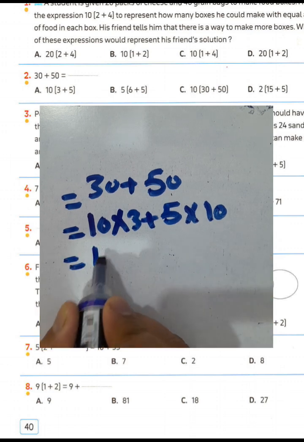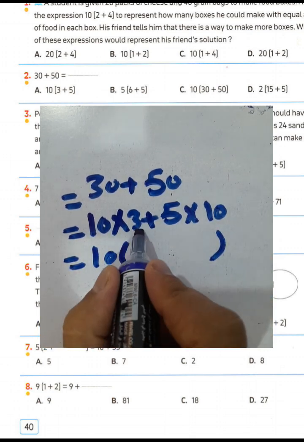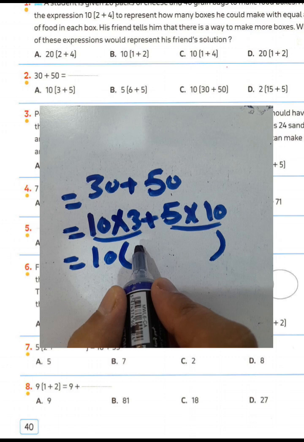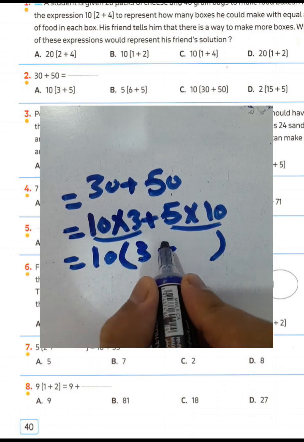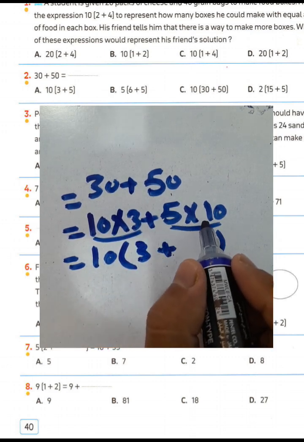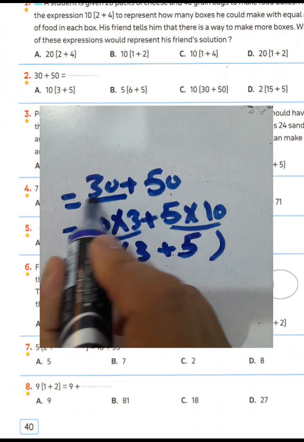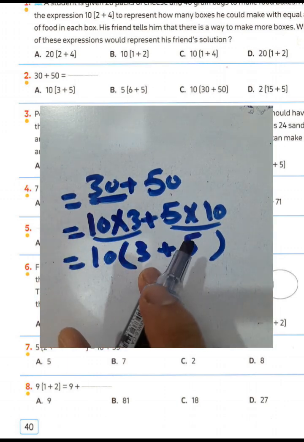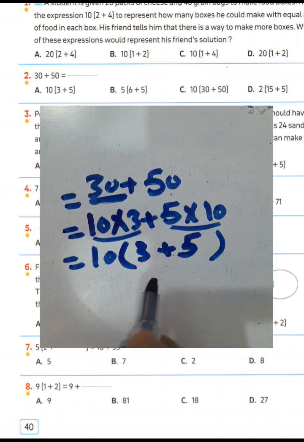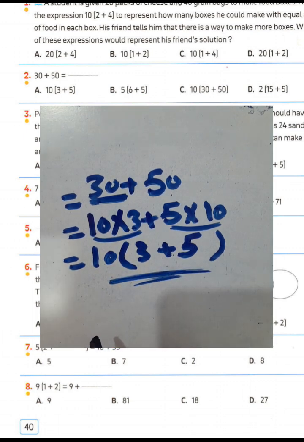You can write 10 outside here, the highest common factor between the two terms, and the result of term 1 will be 3, and the result here will be 5. Or you can write 30 divided by 10 equals 3, and 50 divided by 10 equals 5. Then for the expression, you must choose letter A.